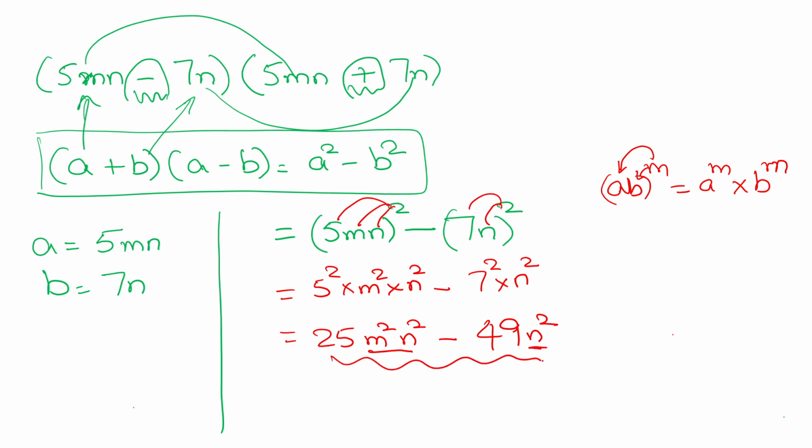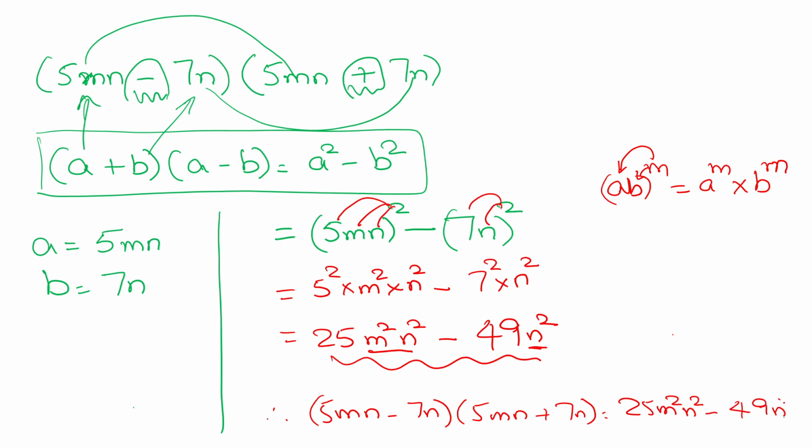So we cannot do it. So this is the simplified answer. Therefore, 5mn minus 7n times 5mn plus 7n is equal to 25 m square n square minus 49 n square.